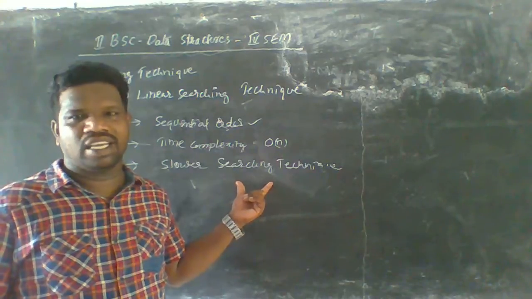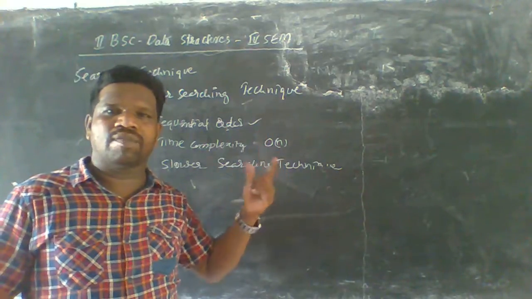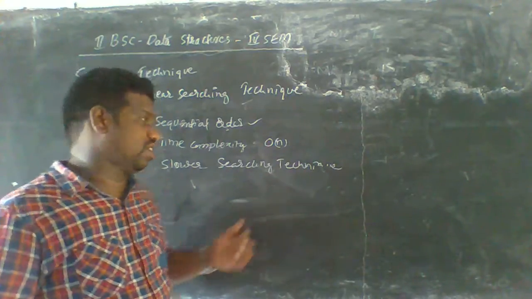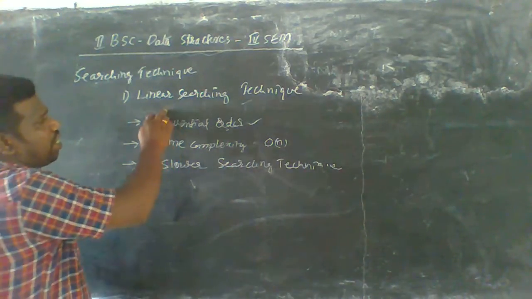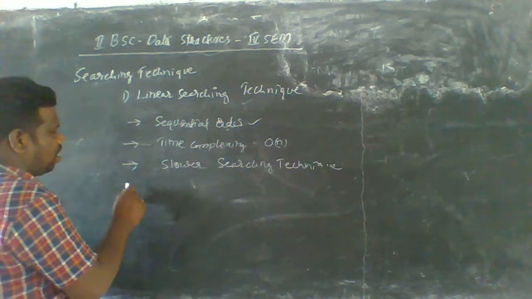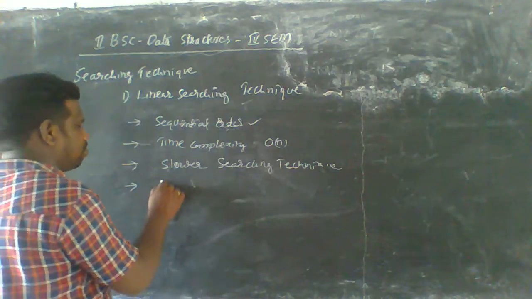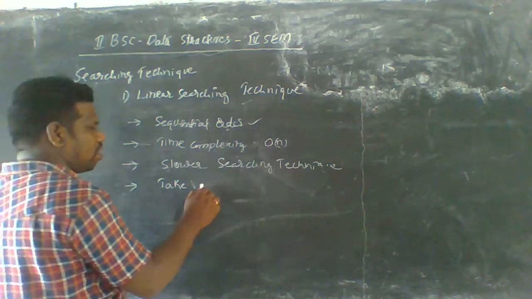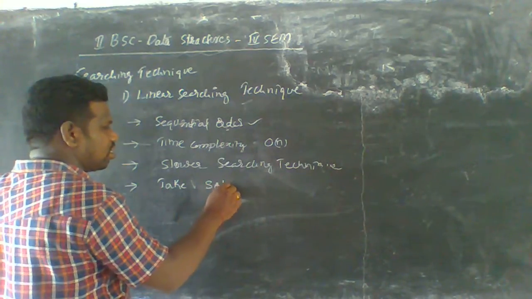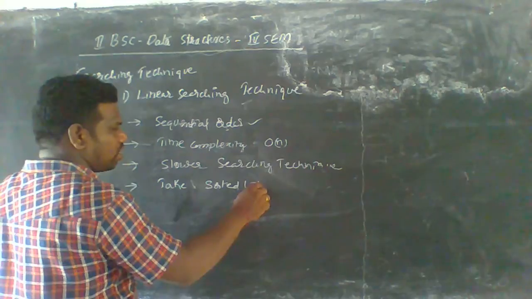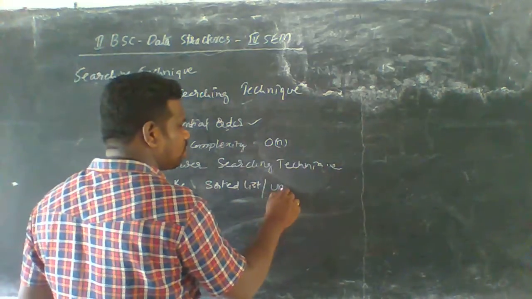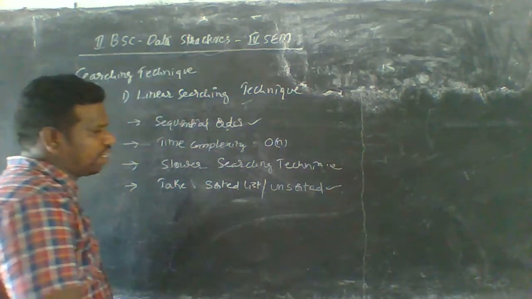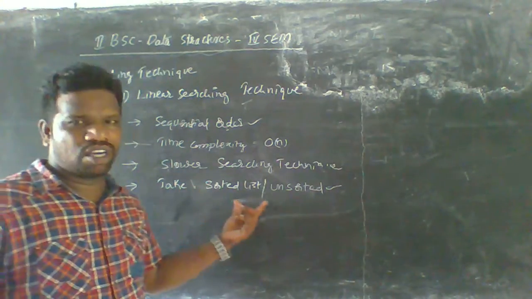Linear search can work on the random order, and it goes in the sequential order, that is called linear order. It can take a sorted list or an unsorted list, whatever it may be.